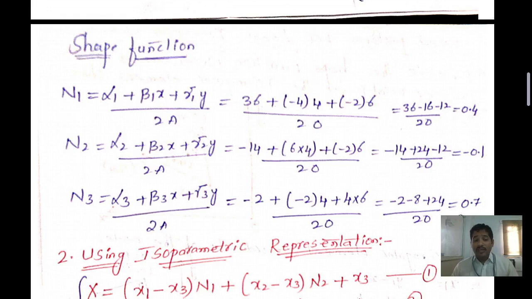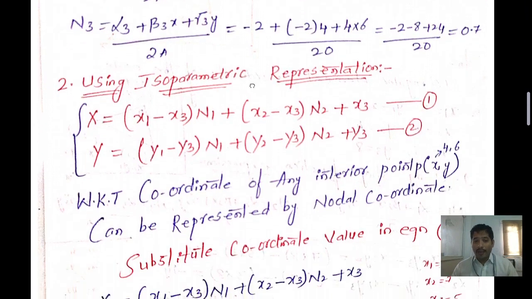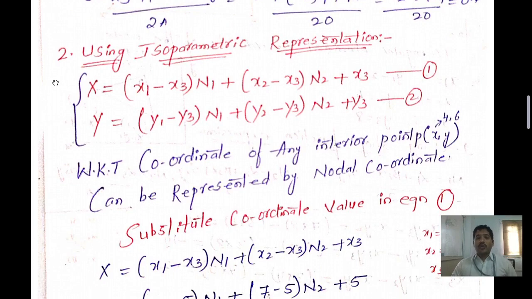So after getting the value of shape function n1, n2, n3, we need to find out the isoparametric representation. We need to find out the value of x coordinate as well as the value of y. So if you are using the isoparametric representation, we have the formula of x nothing but x1 minus x3 n1 plus x2 minus x3 n2 plus x3.